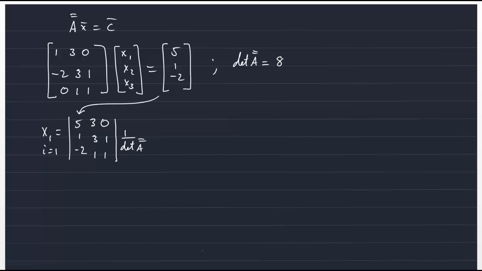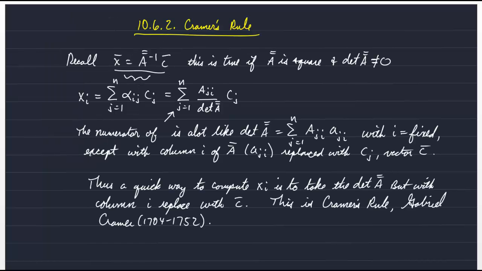And let me make sure I have that. Okay, I forgot to write that. We have to divide by the determinant of A. That's what completes Cramer's rule.